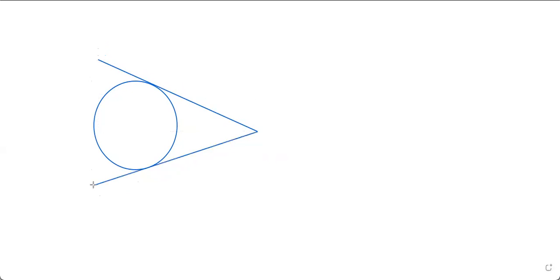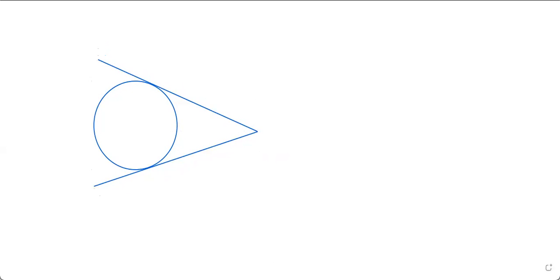So switching to whiteboard now. We know this situation where there is just one circle and we draw tangents to it from a point outside the circle. Suppose we draw this tangent and then we draw another tangent.